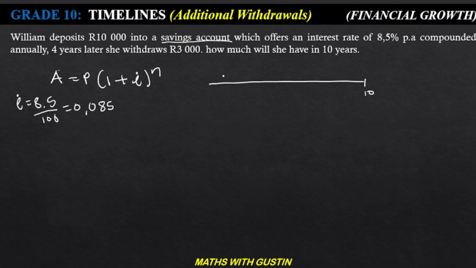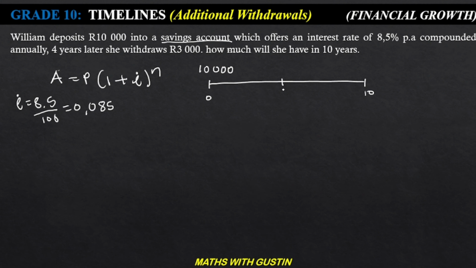There is our timeline. 10 years will start at 0. William deposited 10,000. Then what did William do? He withdrew 4 years later.